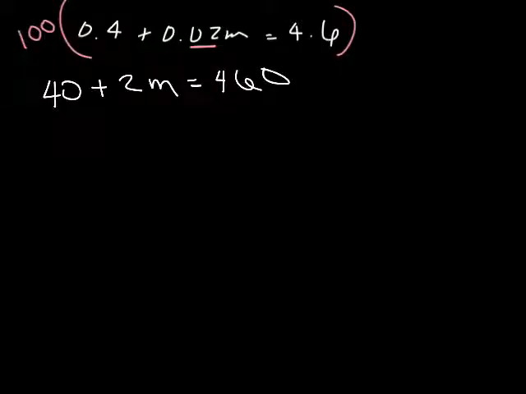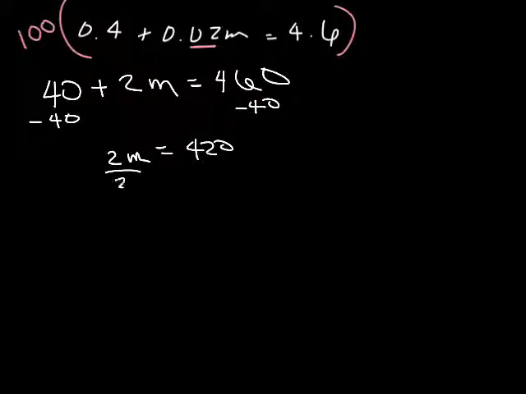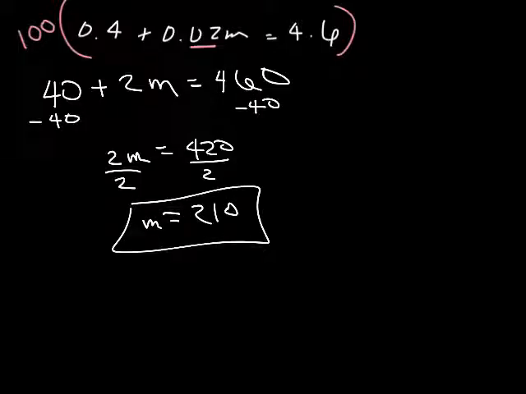Decimals all went away. So now it makes it a lot easier to do the algebra. So I've got 2m equals 420. Divide by 2, divide by 2, m equals 210, and I'm done. I don't have to put the decimals back. I don't have to do any figuring. I am done.